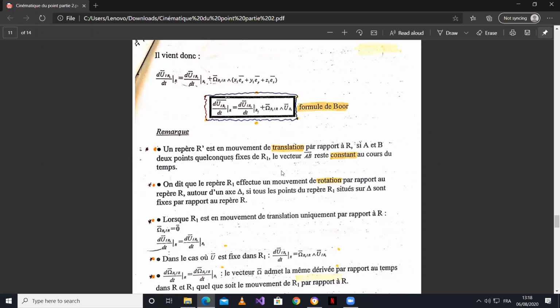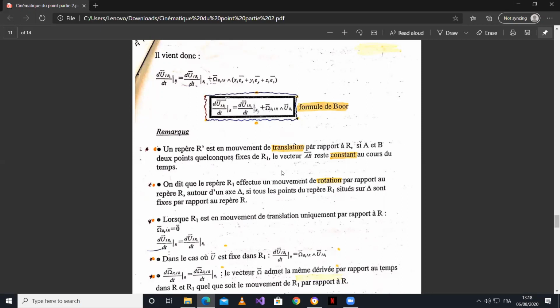Then the second remark is saying, on dit que le repère R1 effectue un mouvement de rotation par rapport au repère R autour d'un axe delta si tous les points du repère R1 situés sur delta sont fixes par rapport au repère R. If you are rotating around something, that thing you're rotating around is not rotating itself, so it is going to be fixed. Its points are going to be fixed.